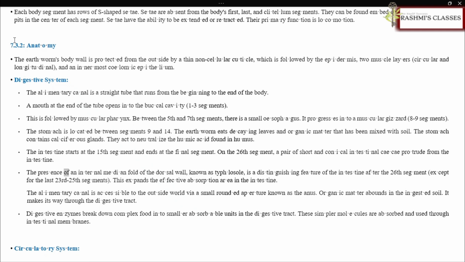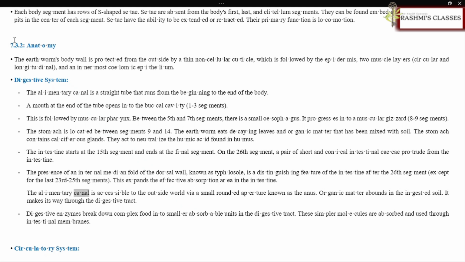The presence of an internal median fold of the dorsal wall, known as the typhlosole, is a distinguishing feature of the intestine after the 26th segment, except for the last 23rd to 25th segments. This expands the effective absorption area in the intestine.